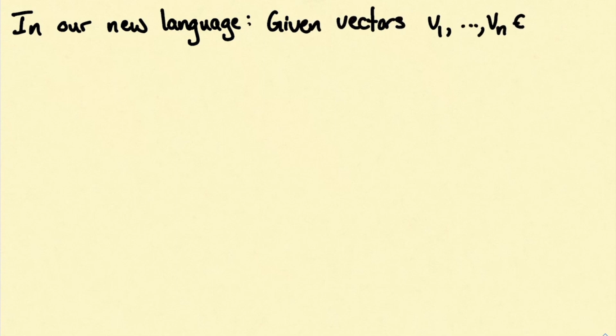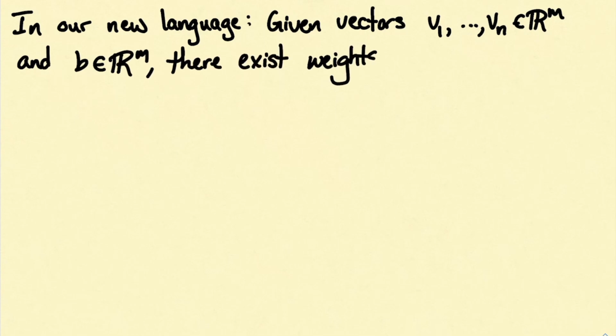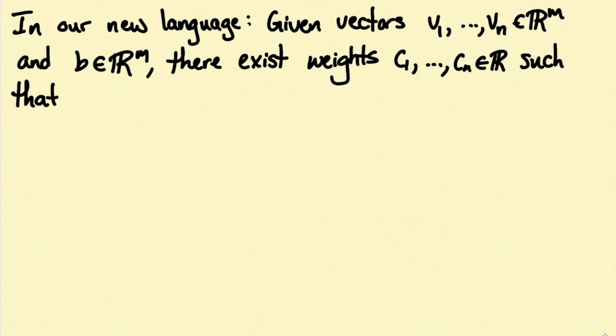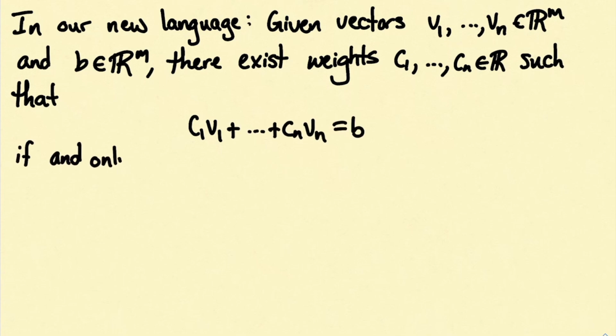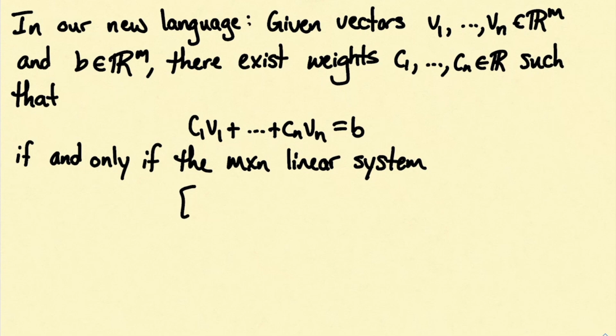In our new language, if we are given vectors v1 through vn of dimension m, and a vector b also of dimension m, there exist weights c1 through cn such that c1 v1 plus ... plus cn vn equals b, if and only if the m by n linear system, which we represent as the augmented matrix with columns v1 through vn and b in the augmentation column, is consistent.